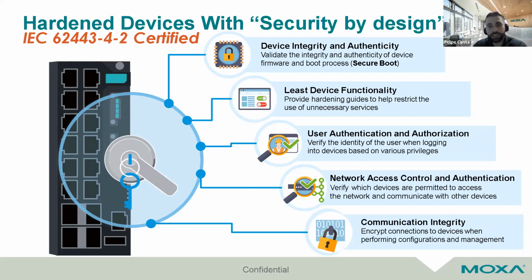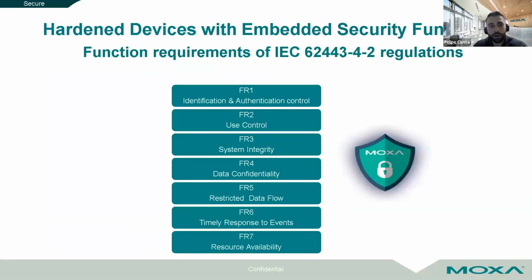But let's say the simple version: Moxa combined all the recommendations from the standard, which has 7 that we call fundamental requirements. So here is how Moxa is delivering these recommendations. And the next slide is basically officially how the standard requests that a product, in order to be certified security level 2, needs to address all these fundamental requirements.